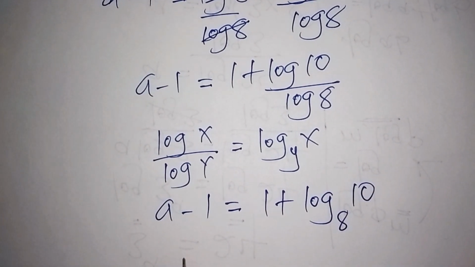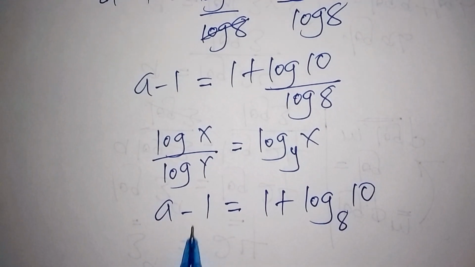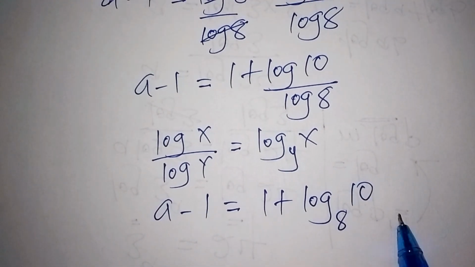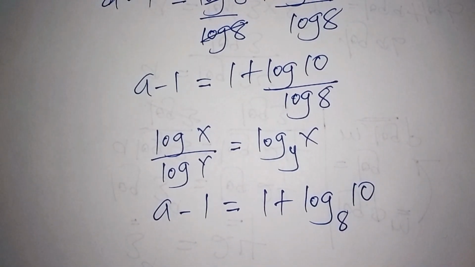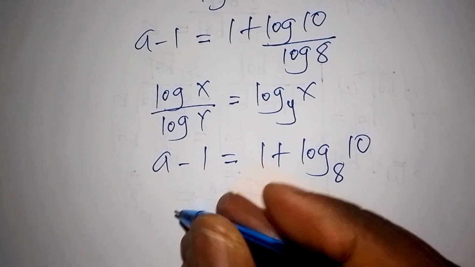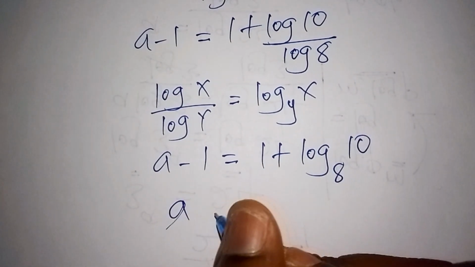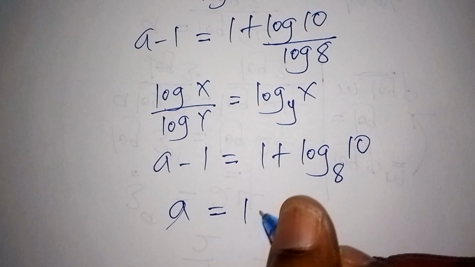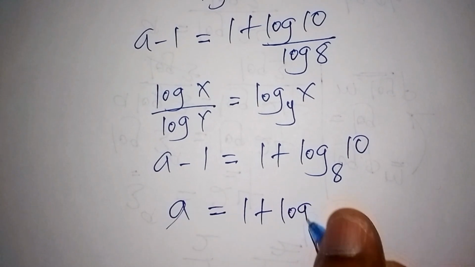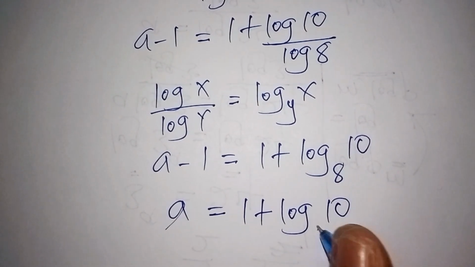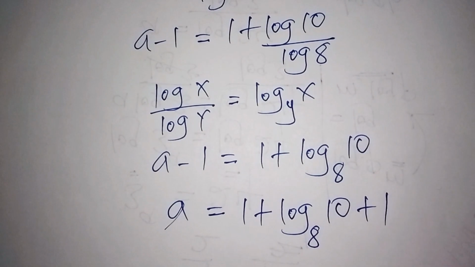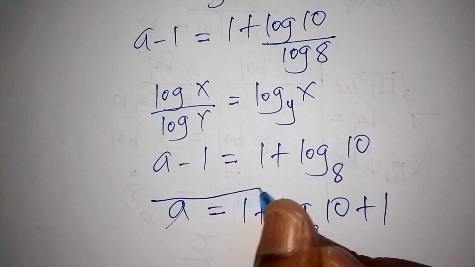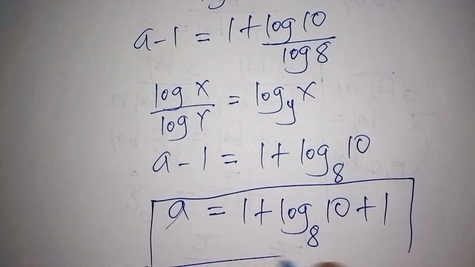Remember that we had the minus 1. We can bring this minus 1 to the other side so that it becomes plus 1. So now the value of a is equal to 1 plus the log of 10 to the base of 8, plus 1. So that now becomes our final answer.